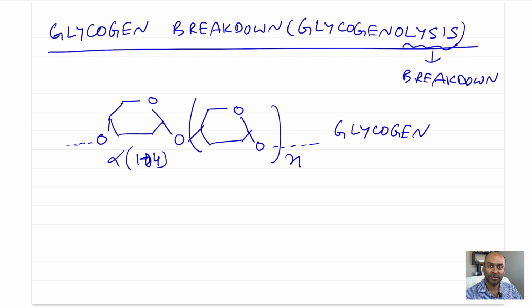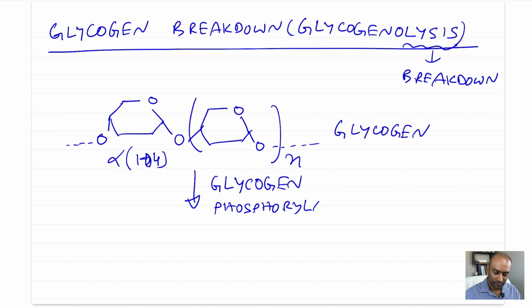And so the enzyme that breaks down glycogen is called glycogen phosphorylase, or simply phosphorylase, because that was the first phosphorylase enzyme to be discovered. So the enzyme here will be glycogen phosphorylase, or simply phosphorylase.